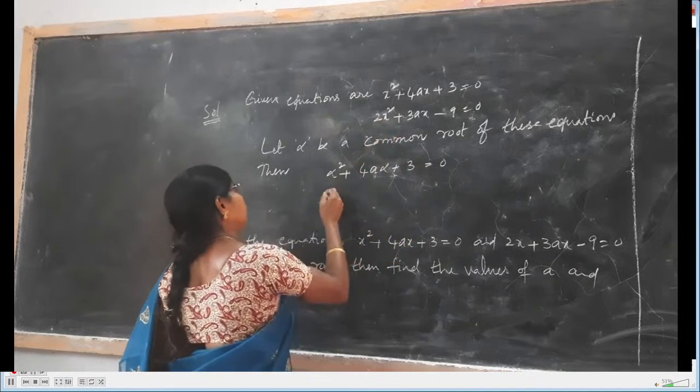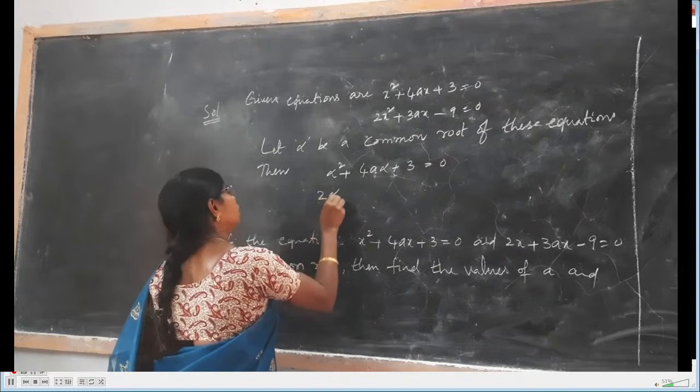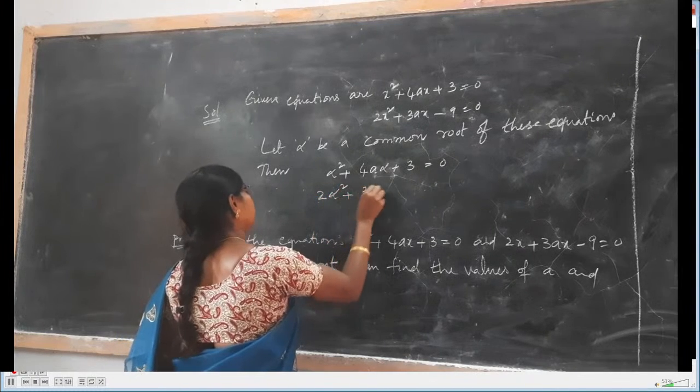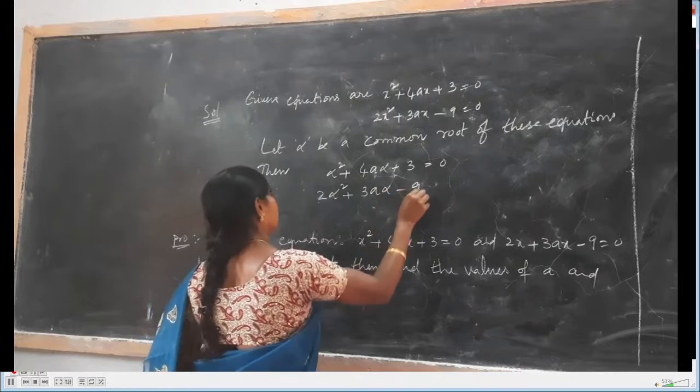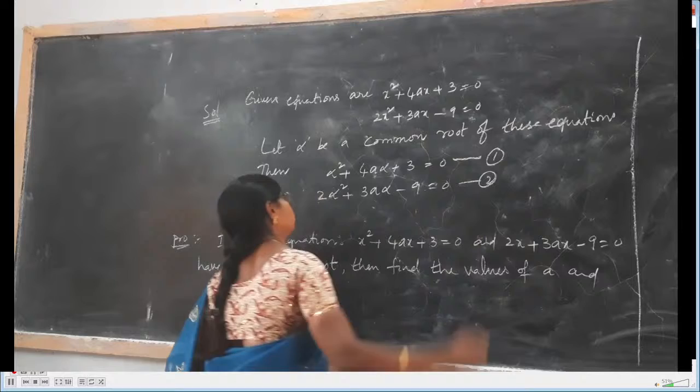And it is a root of the other equation also, so 2 alpha square plus 3a alpha minus 9 is equal to 0. We can number them 1 and 2.